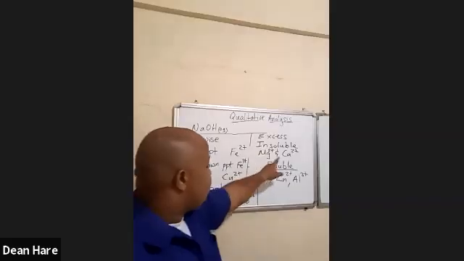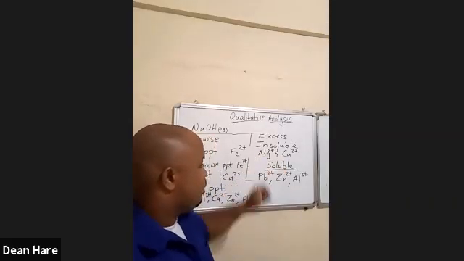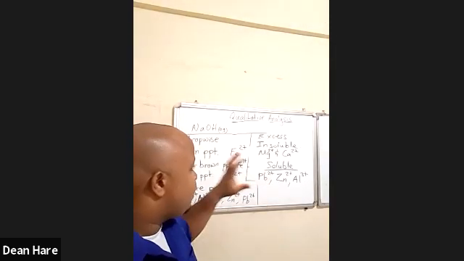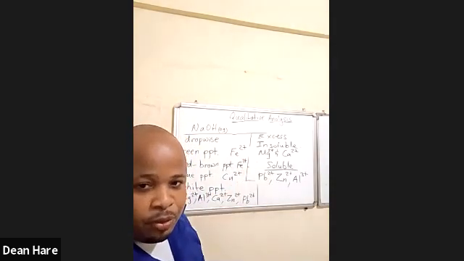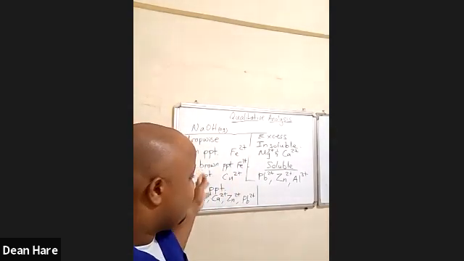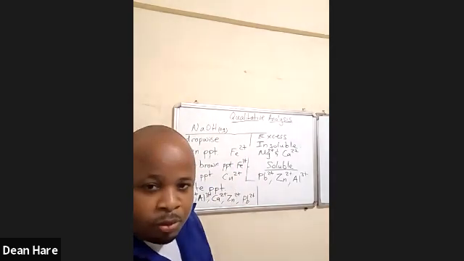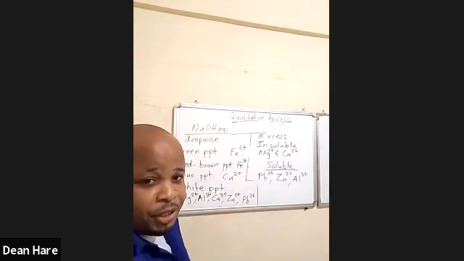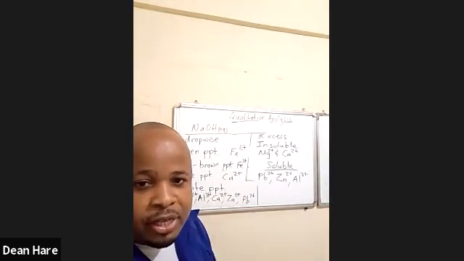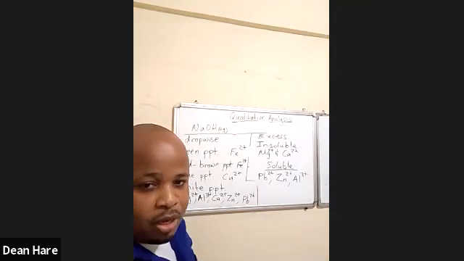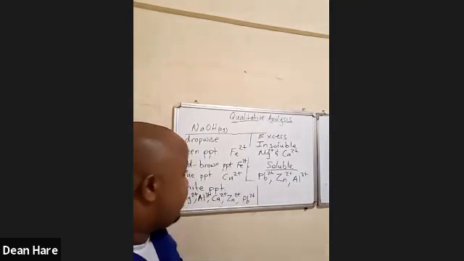If it does not dissolve, then one of these 2 ions is present. So all you need to do is remember this information. In the exam, if you get the observation, you should know the inference, and if you get the inference, you should know what the observation is.